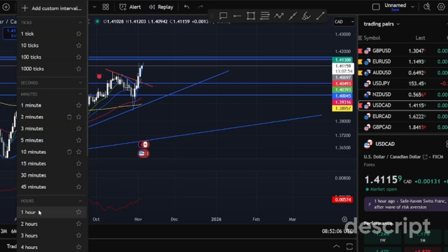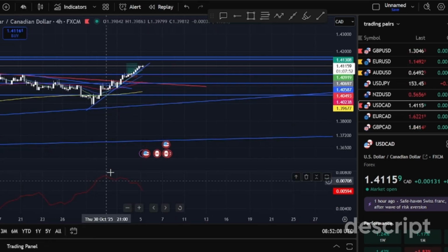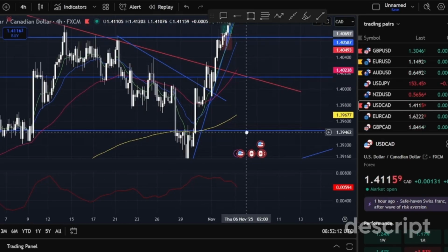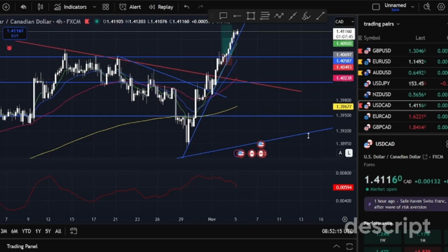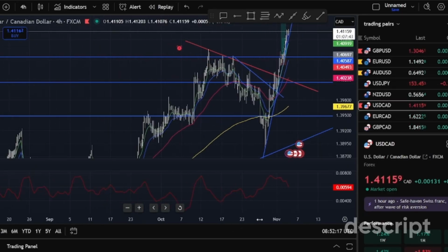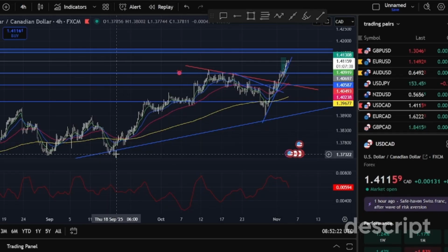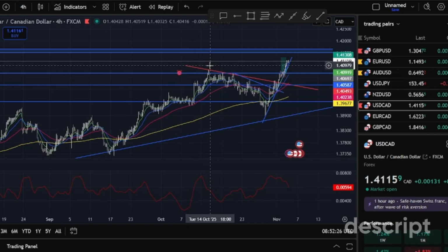So if we go on to the 4 hour, zoom out a bit. If you see here, we've got the higher low here, and then we've got a higher high.